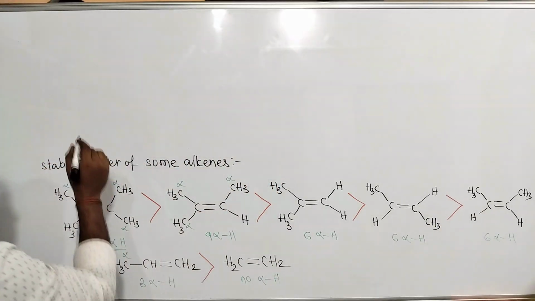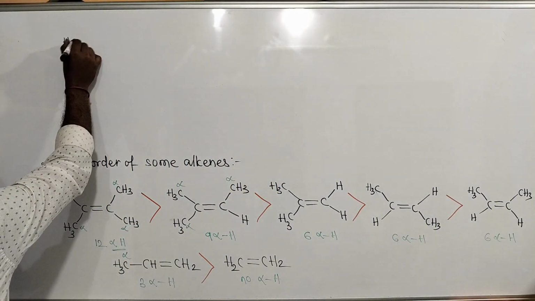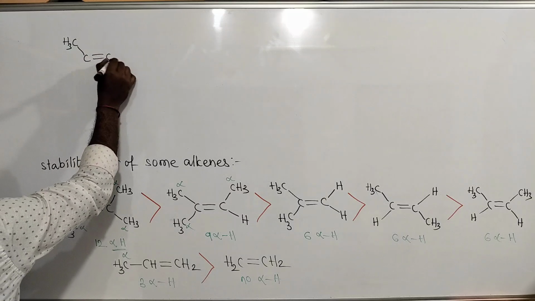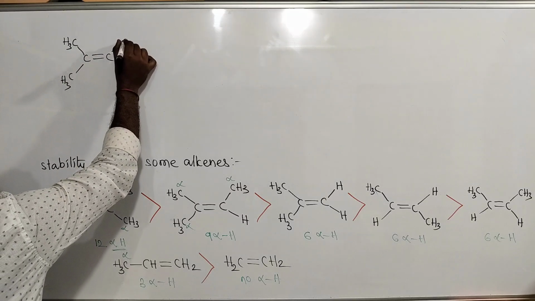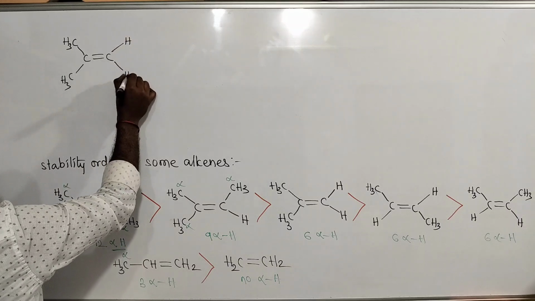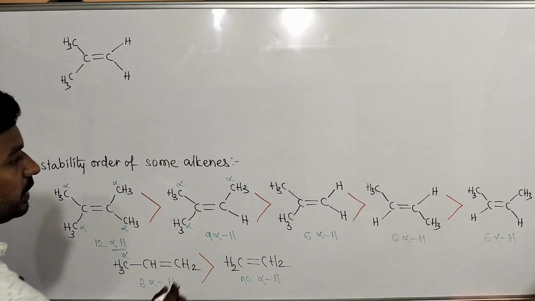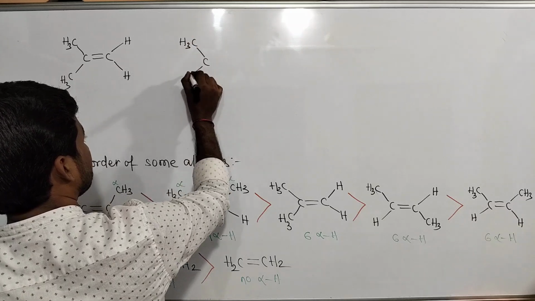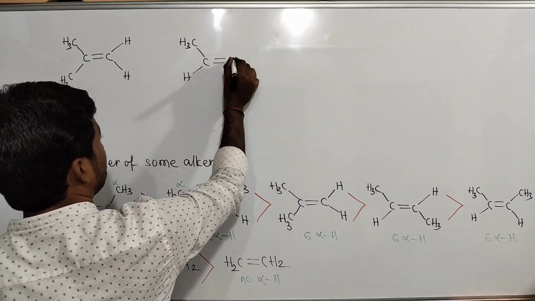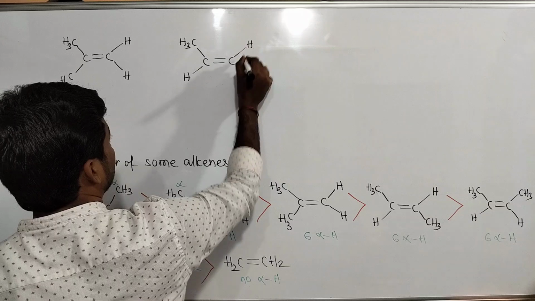Why? If you see this one, the second point is: trans is always more stable than cis. I will give that statement. Trans is always more stable than cis.